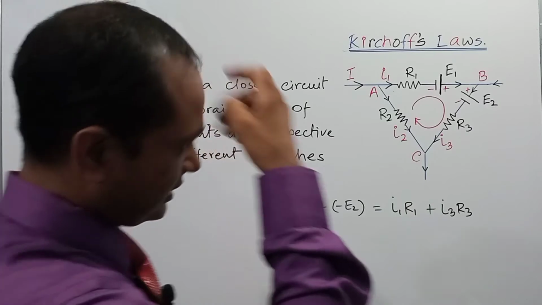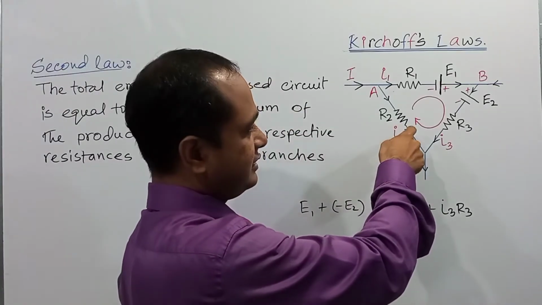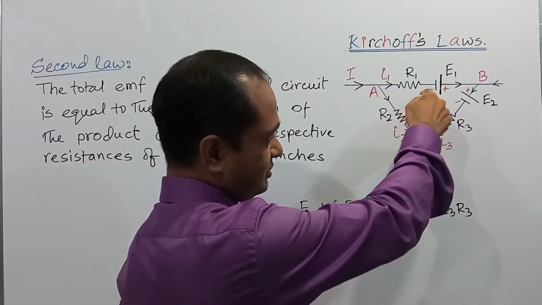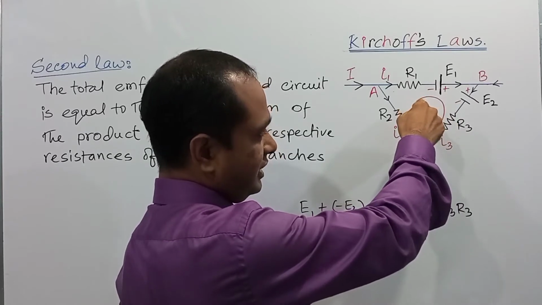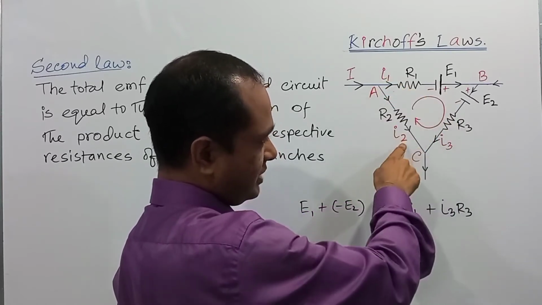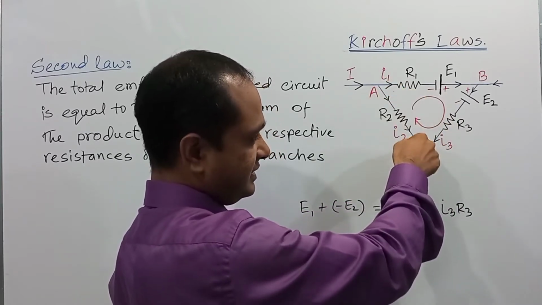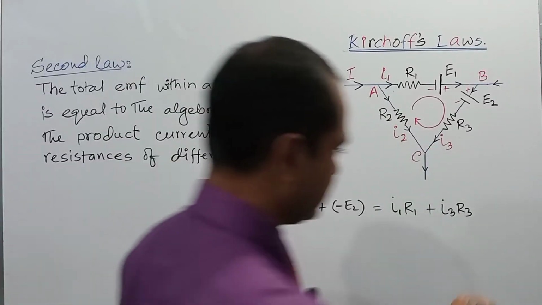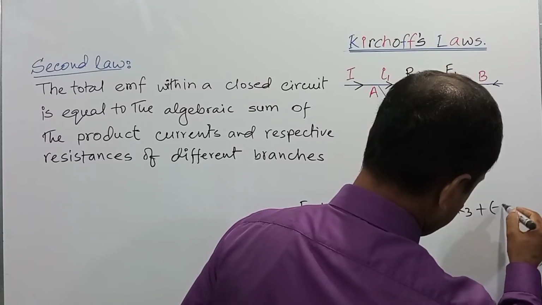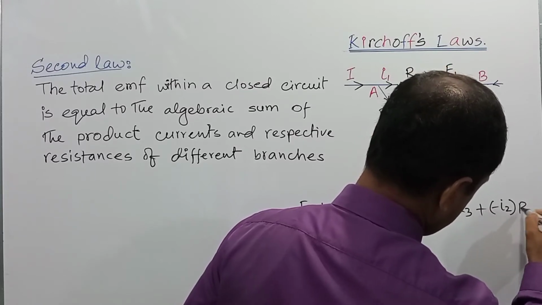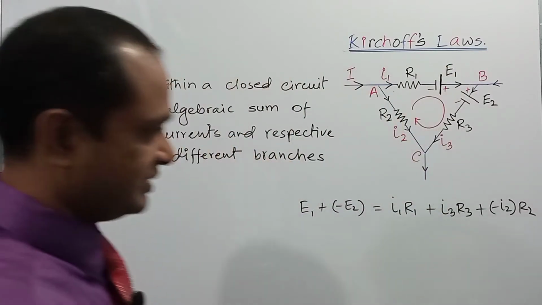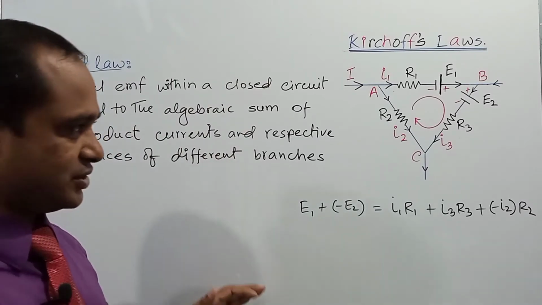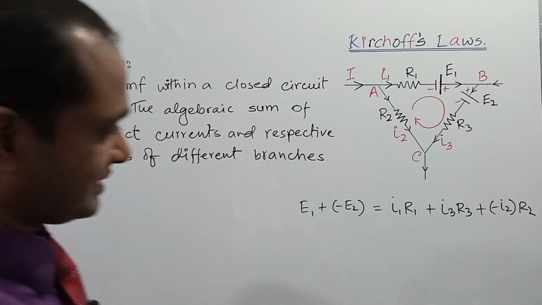Lastly, the direction of the current in the third branch, the AC branch, is anti-clockwise, because this is the direction of the clock, but this is the direction of the current in the third branch. So according to the convention, I2 will be negative. So we can write plus minus I2 into R2, right? This is the mathematical expression of Kirchhoff's second law.